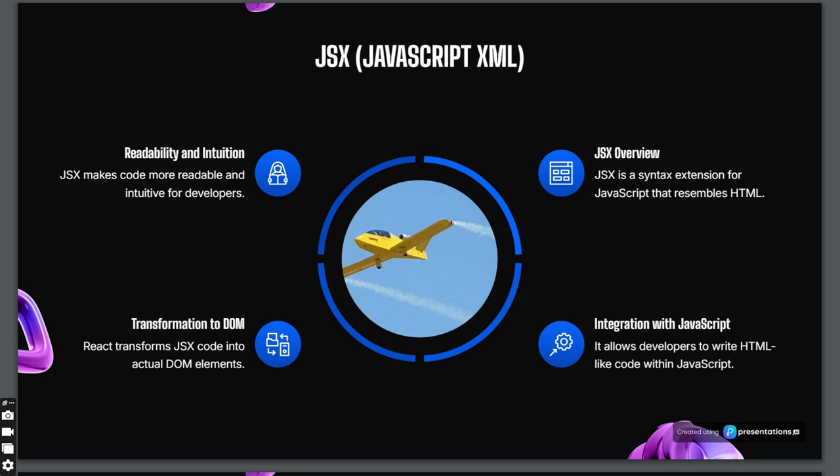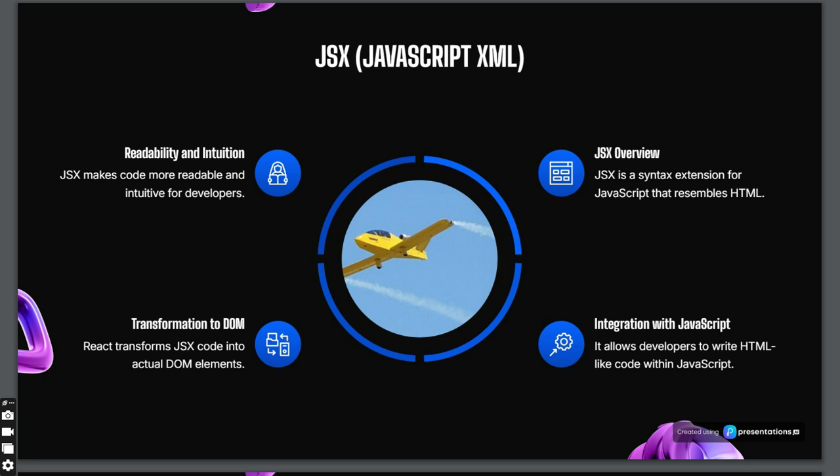JSX, JavaScript XML. JSX is a syntax extension for JavaScript that resembles HTML in React. JSX is used to define what the UI should look like.